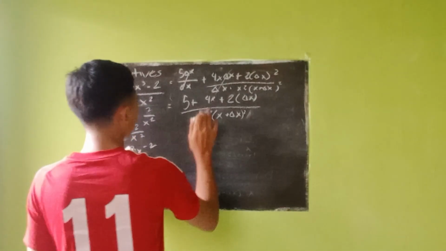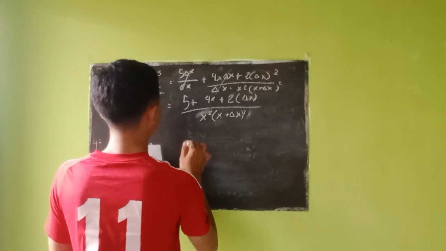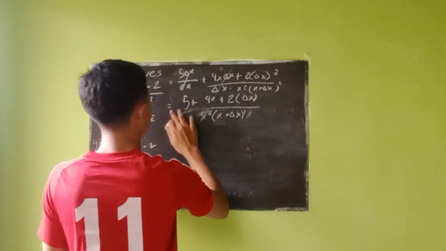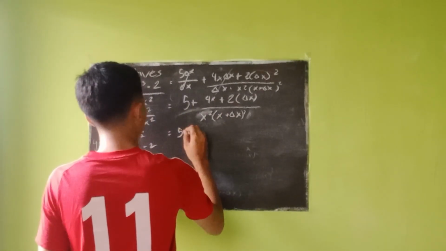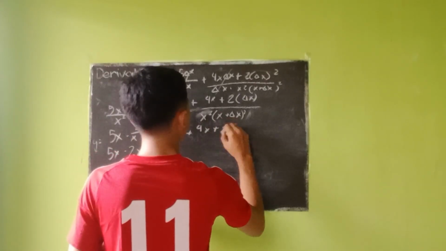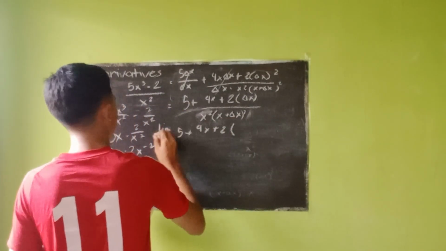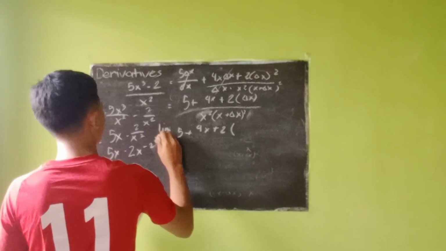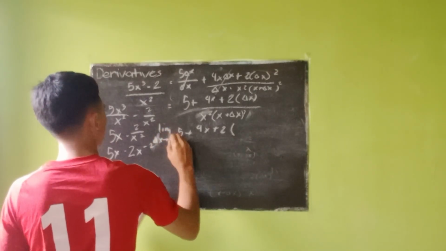So with that in mind, this is supposed to be 5 plus, okay, so copy 5 for x plus 2, the limit of delta x as it approaches 0.